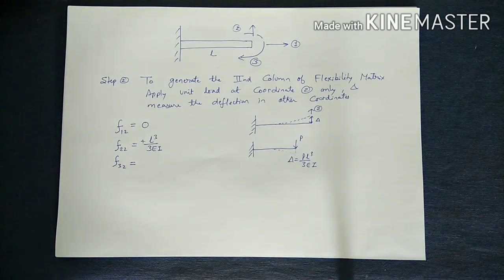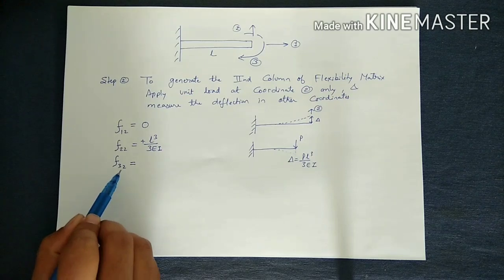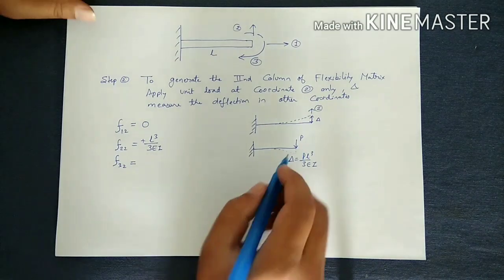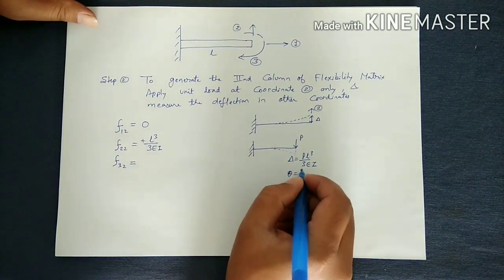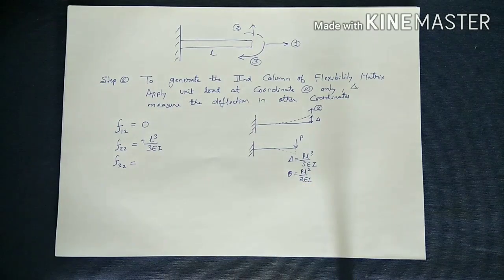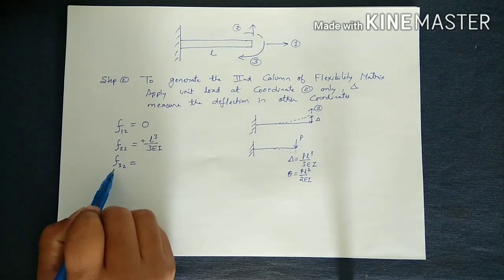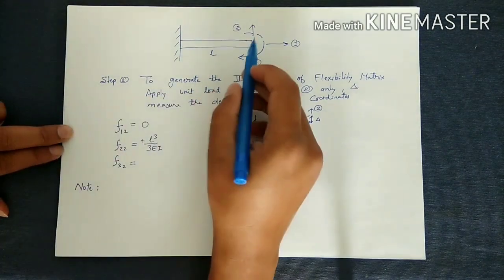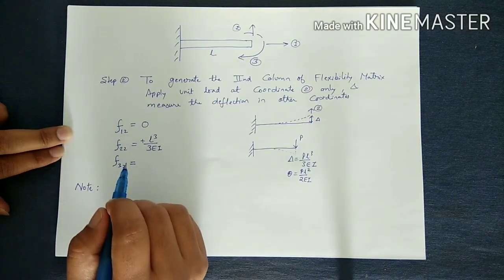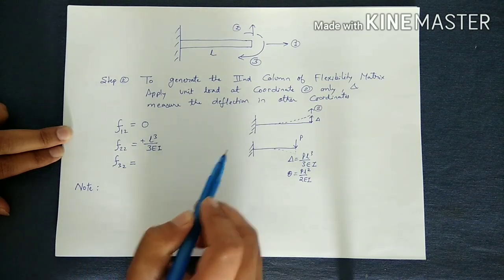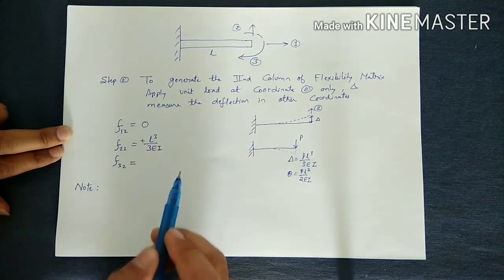Now, flexibility at 3 when unit load is applied at coordinate 2. For this standard case, theta is PL square upon 2EI. So now you have to find flexibility at 3 when unit load is applied at 2. So there is a note: for the couple, we will take deformation as slope, that is theta, of the coordinate at which unit force or moment was applied.